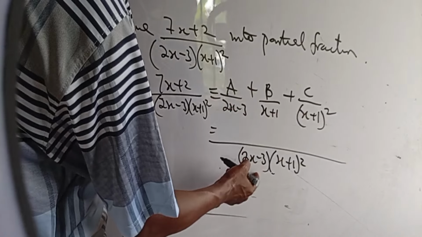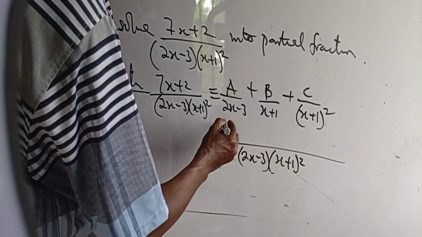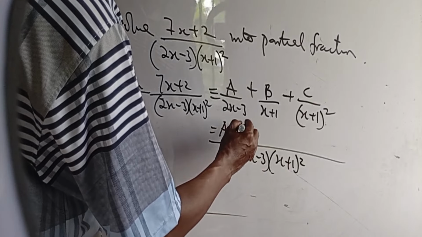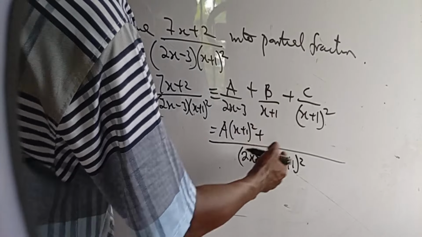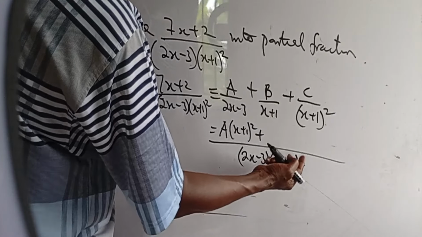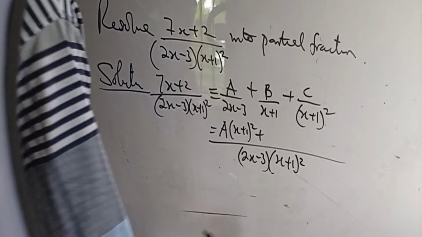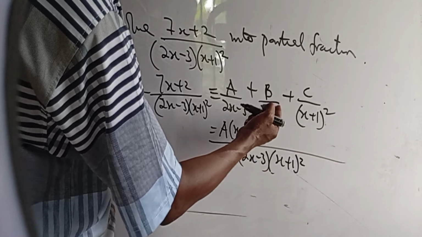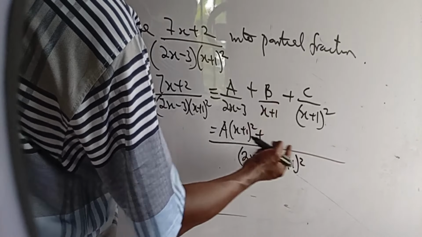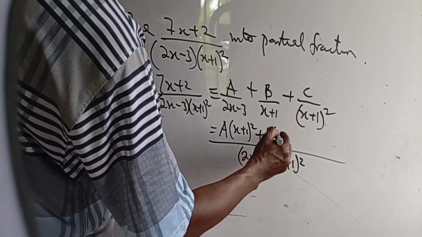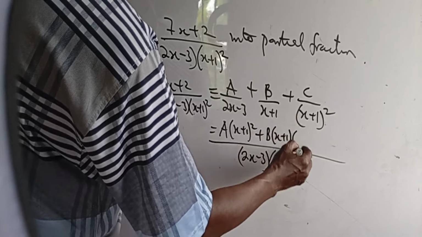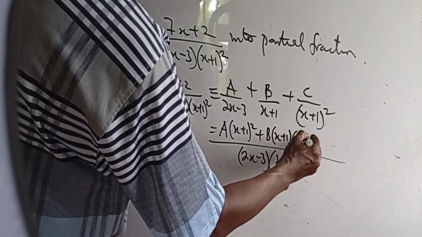Now, 2x minus 3 and 2x minus 3 will remain. So you have A into bracket x plus 1 squared plus, with x plus 1 cancelling. You know, x plus 1 squared means x plus 1 in two places. If we use x plus 1 here to cancel one out of it, it will still remain x plus 1. So that's B into x plus 1, then multiply by 2x minus 3.